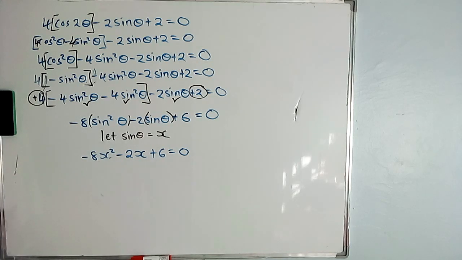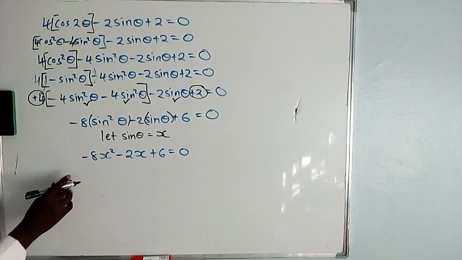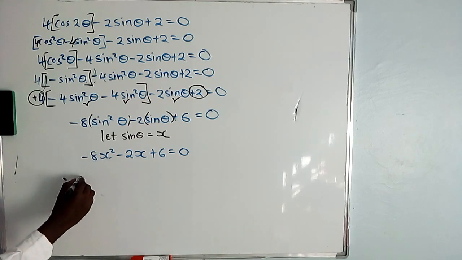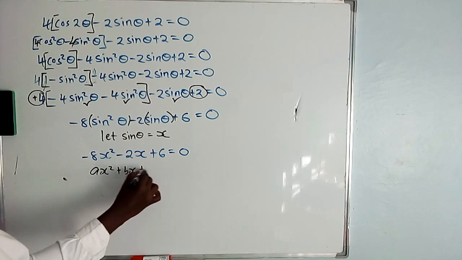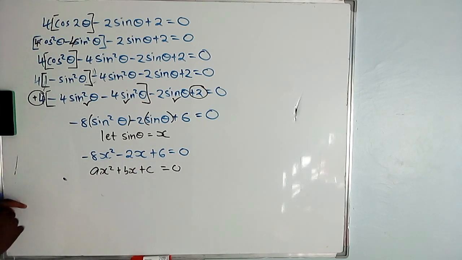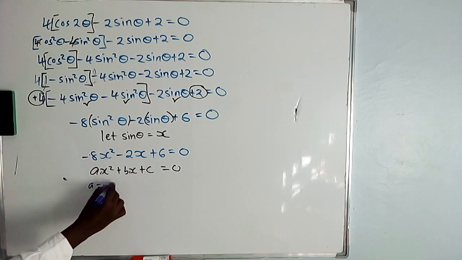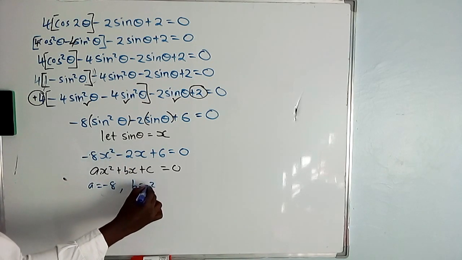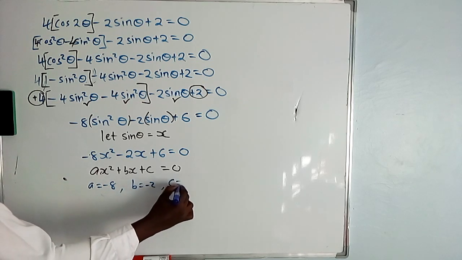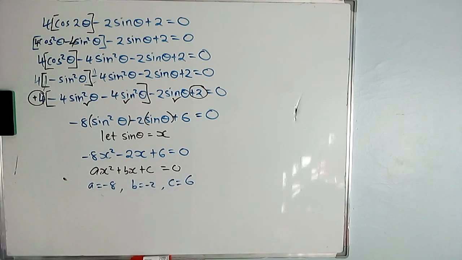So how do we solve a quadratic equation? The standard form of a quadratic equation is ax squared plus bx plus c is equals to 0. So from here you can see the coefficient a is negative 8, isn't it? Then b is negative 2. Then c is positive 6, which is just 6.